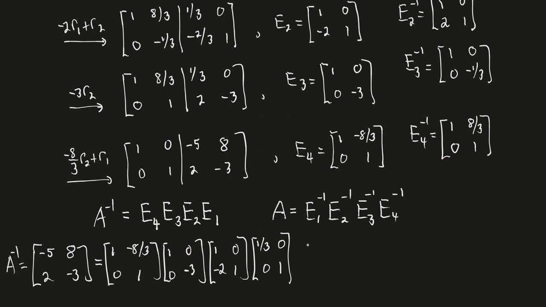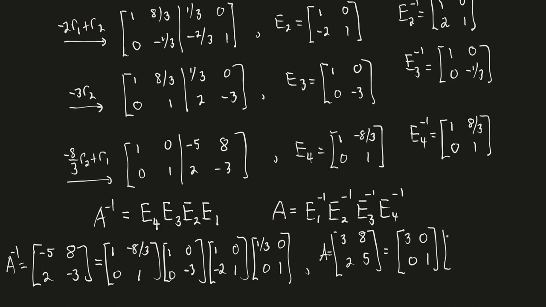The factorization of A, our original matrix, again, which was the 3, 8, 2, 5. So here is A. So 3, 8, 2, 5. Well, now that matrix can be factored as, again, it's essentially the inverse. So just going in this order now, working backwards, E1 inverse is 3, 0, 0, 1.